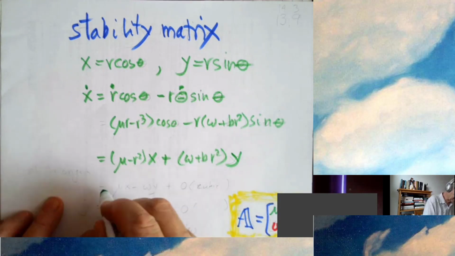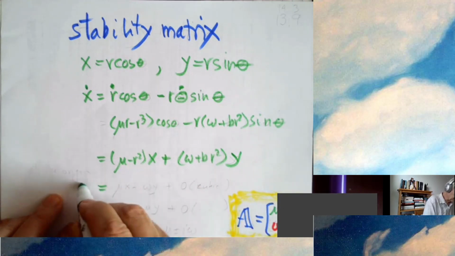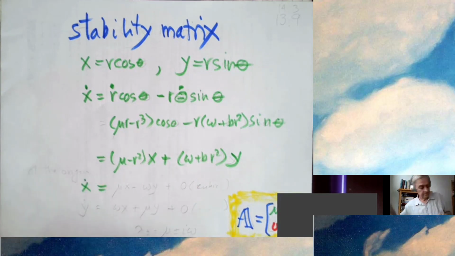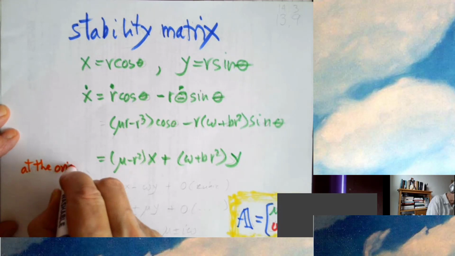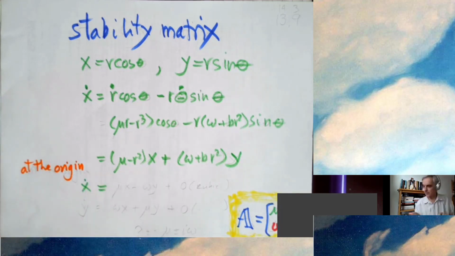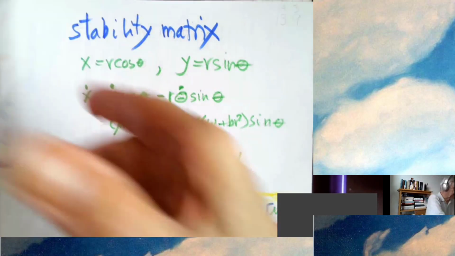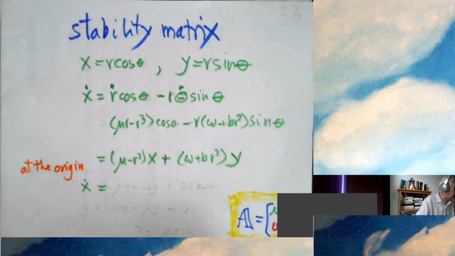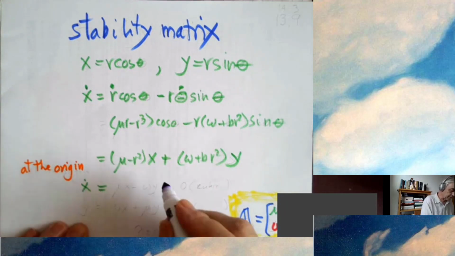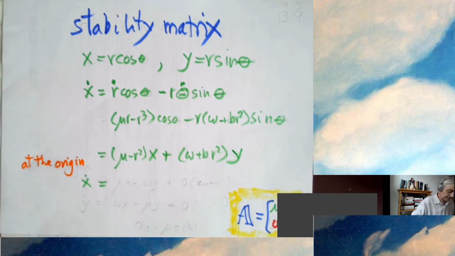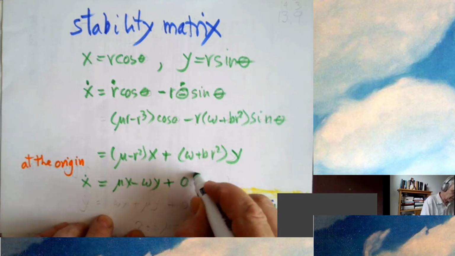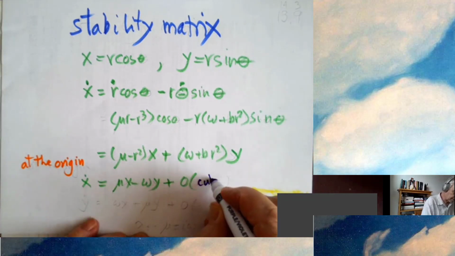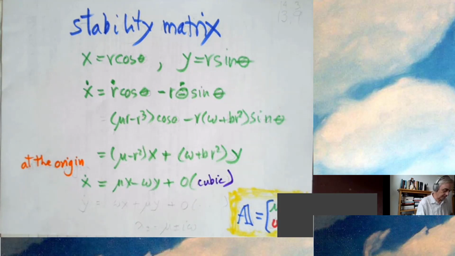Now, close to the origin, the important part, so at the origin, if you want to compute stability of this equilibrium at the origin, you pick up, this is at least second order in x and y, so you pick up mu x minus omega y plus order cubic or higher. So not important in the neighborhood.